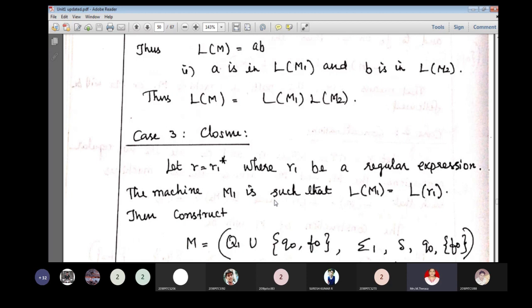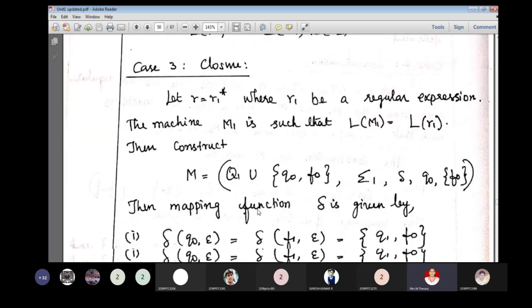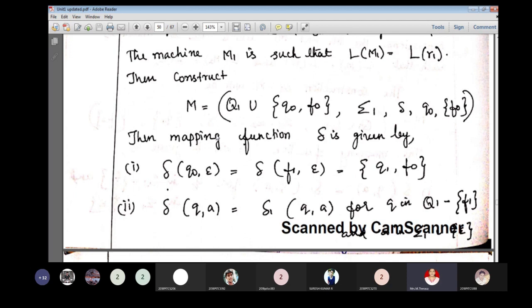Then we can construct a new machine M such that Q1, all the states of the machine M1, union two more states, Q0 and F0, comma, sigma. Sigma 1 we are going to update as sigma 1 and some del. Del is the transition function we are going to define later.